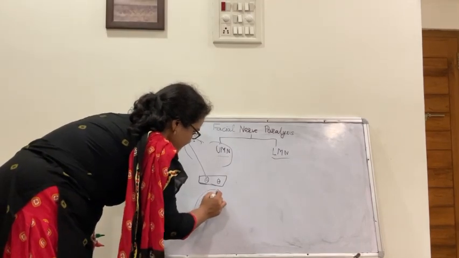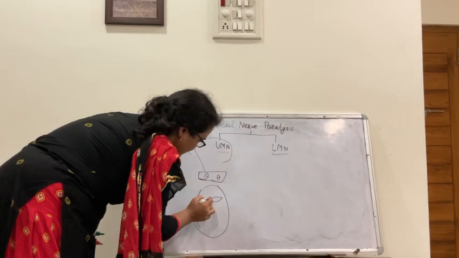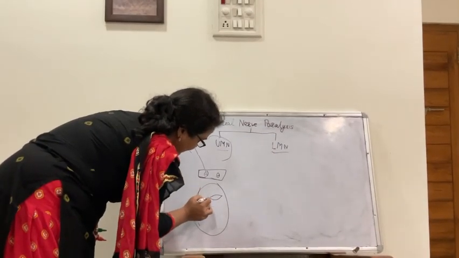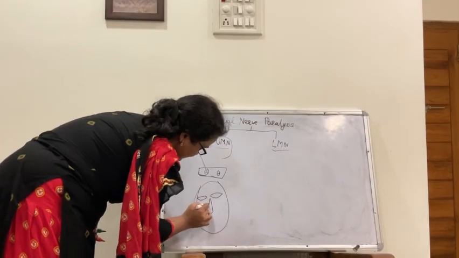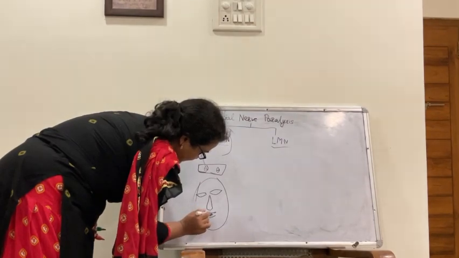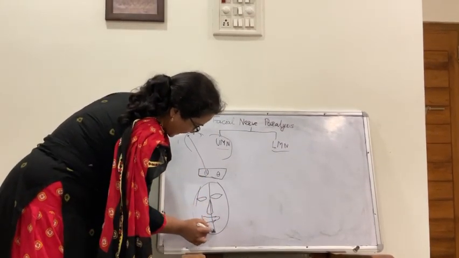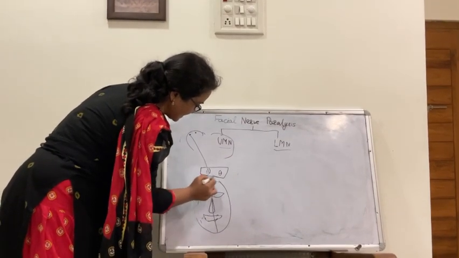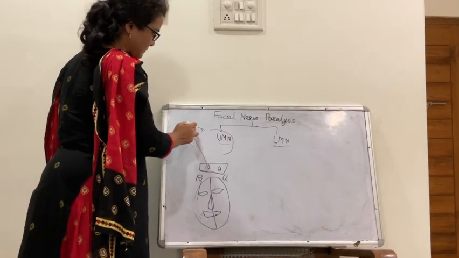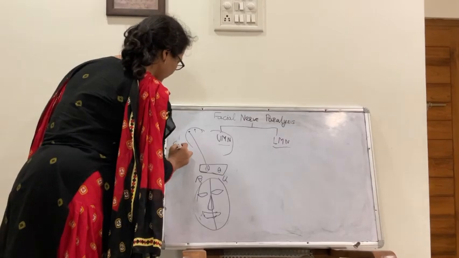Suppose this is a face, and this is the eye or orbit, then this is the nose, and this one is the mouth. So this is a central line, and this is the right half, and this one is the left half. The fibers passing from the cerebrum towards the facial nerve nuclei are called corticonuclear fibers.